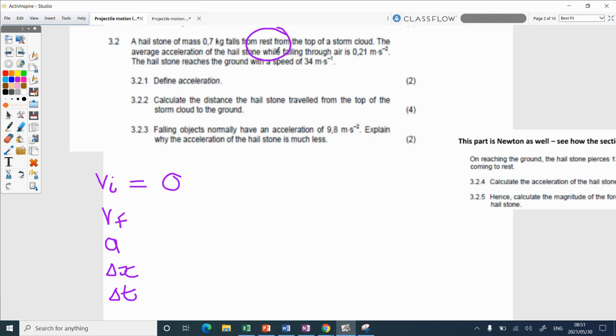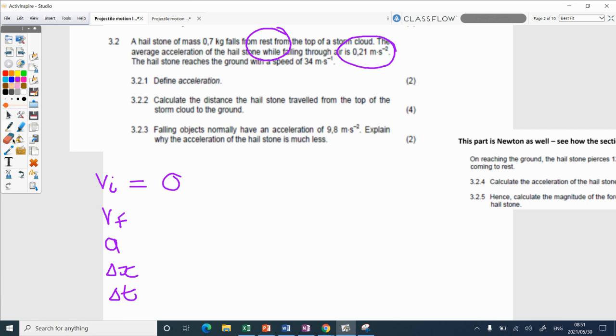The average acceleration of the hailstone when falling is 0.21 meters per second squared. So can you think about 9.8 ever in this question? Please, you can't. I've seen people who use 9.8 for a car traveling on a horizontal surface. Please, 9.8 is only when the question says free fall. If you don't see free fall somewhere in this question, or they must tell you no friction, ignore air friction, then only can you use 9.8.